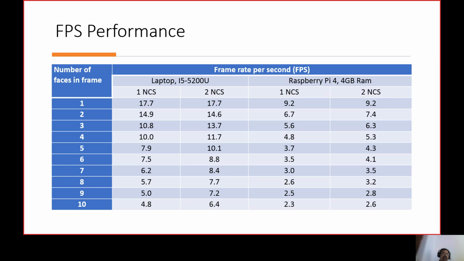This one is FPS, frames per second. This is important because if FPS is low and there is sudden movement, it's hard for the system to identify. From here we can see that when we have a number of faces in the frame, the frames per second gets lower, which can be troublesome.